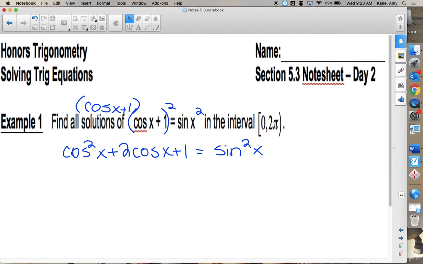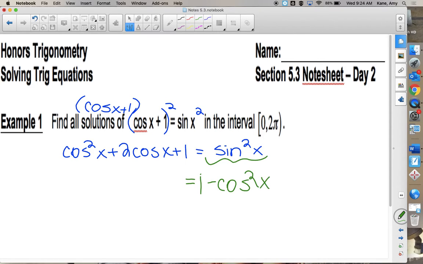Because sine squared x is 1 minus cosine squared. Now on the other side you have a sine squared x, and we can change that. If I have all cosines on the left side, you're probably going to get all cosines in the equation. We don't really work with multiple functions if we don't have to. Now that the sine is squared, we can change that to be 1 minus the cosine squared. That's where those identities come in.